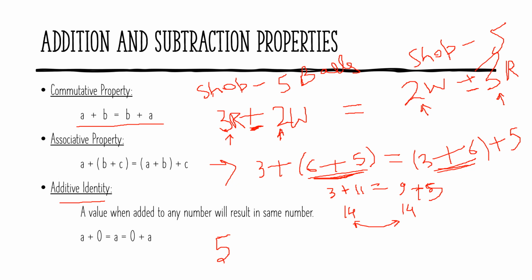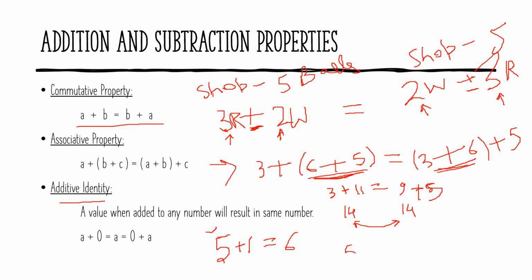What will you add so that you get the same number? If you even add 1, the value will become 6, but I want the same number. That is what the additive identity is.